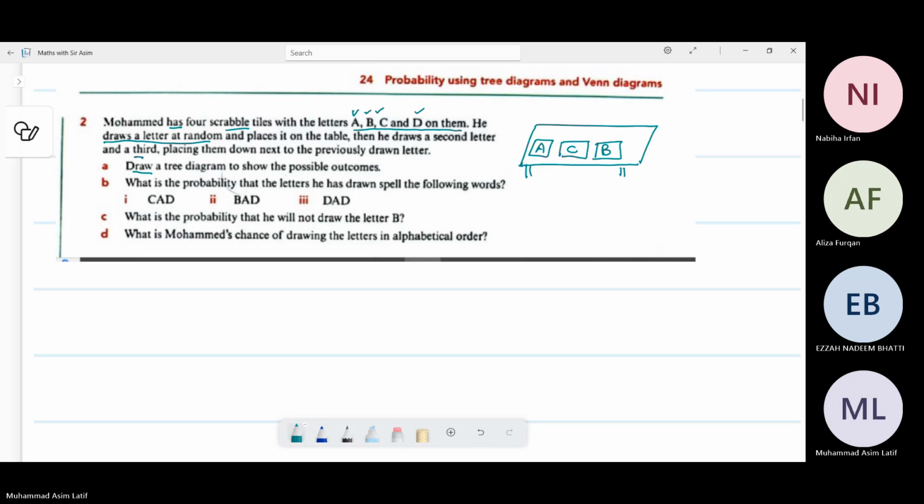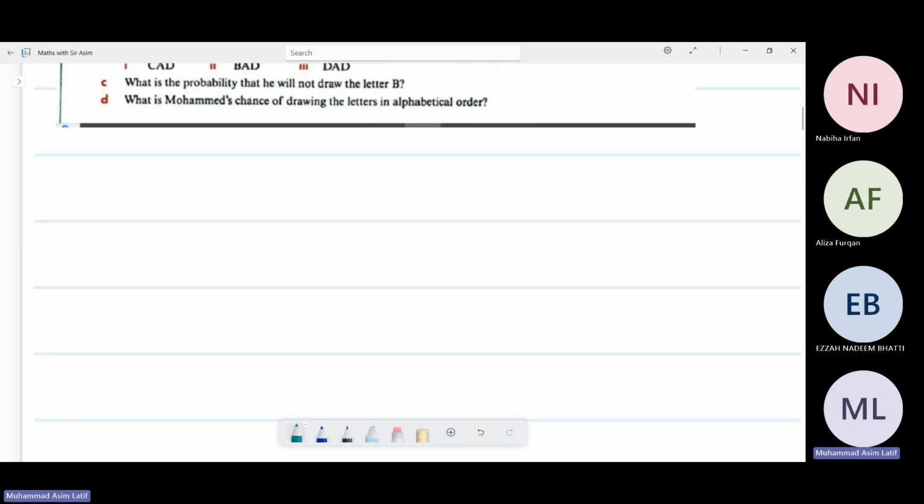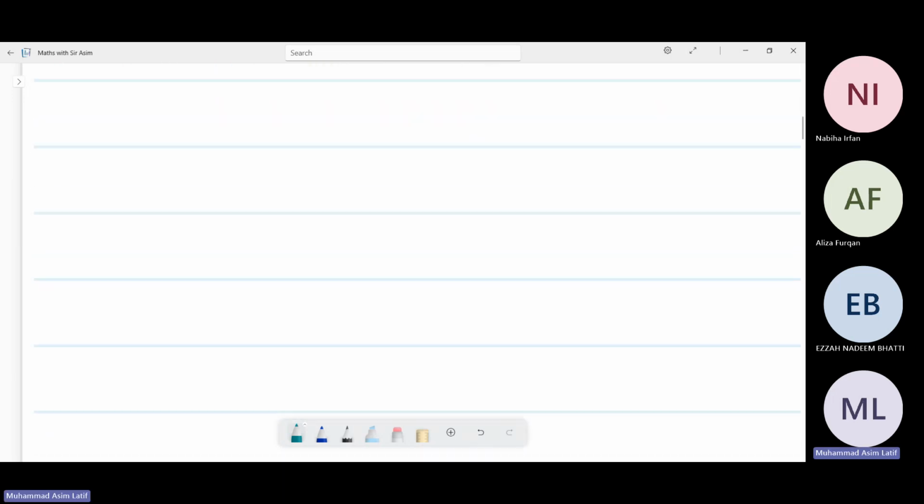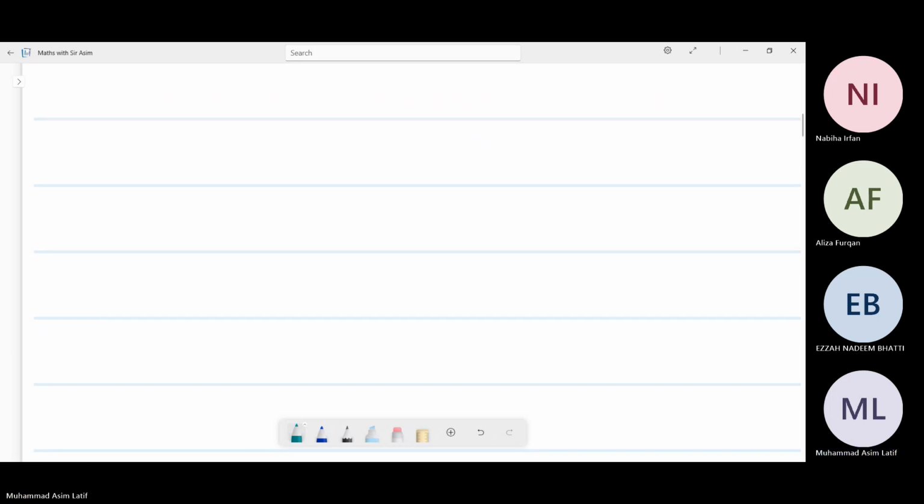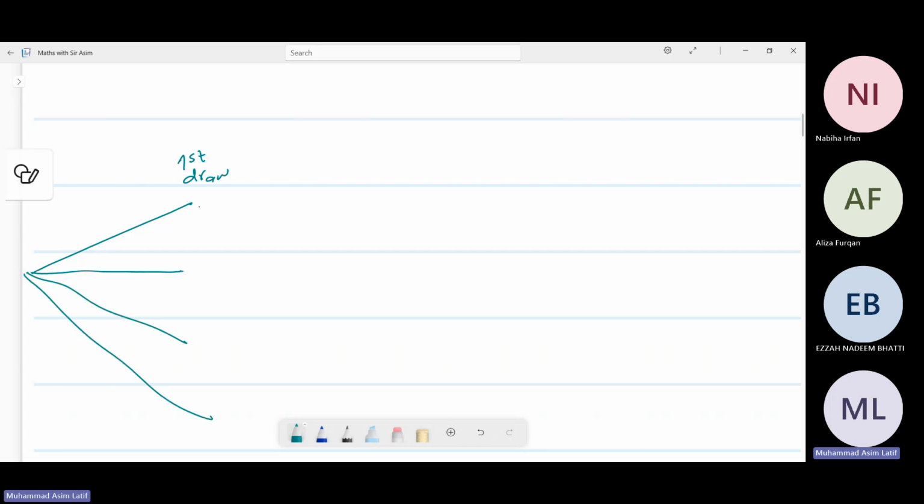Okay, for the tree diagram, it would be something like, first draw, it could be either an A, B, C, or D. Once A has been drawn, now for the second draw, A can't be repeated.